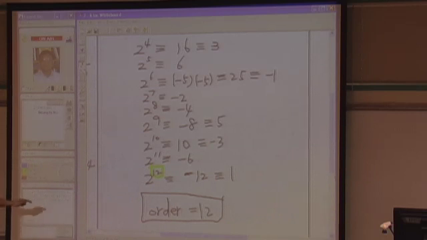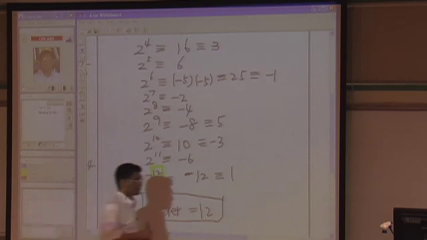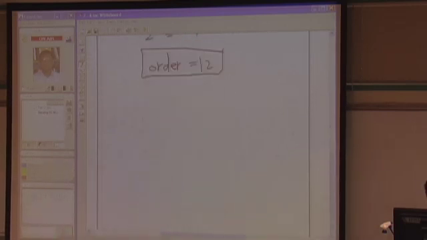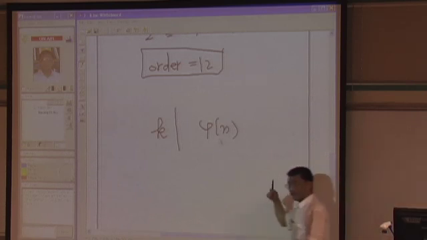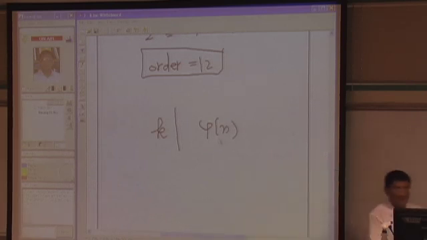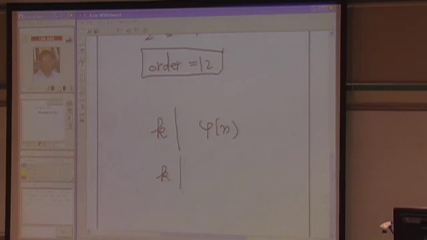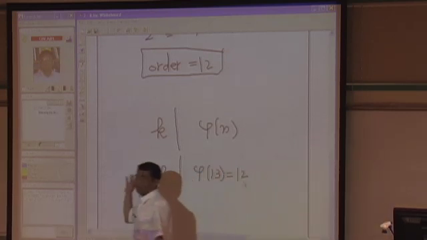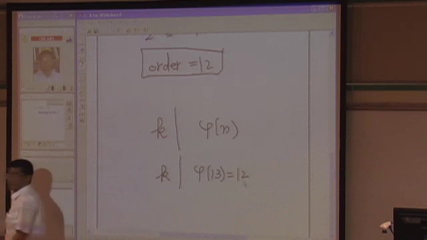What can you do? You can streamline the approach by using the principle that the order divides phi of n. Then the order should divide phi of 13, which happens to be 12. Right? The order should divide 12. In other words, you don't have to worry about 5 or 7.